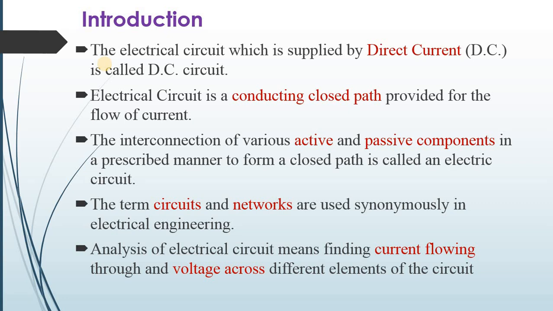Out of that, there is direct analysis, in which we can find current and voltage directly by applying different techniques. And in the case of the reduction technique, you can use KVL, KCL, star-delta transformation or different theorems to find the current flowing through or the voltage across a particular element.